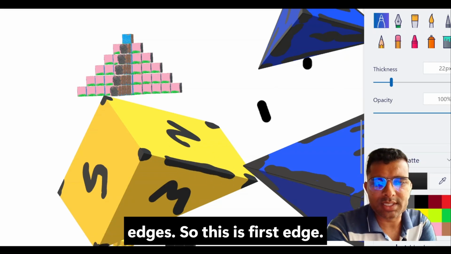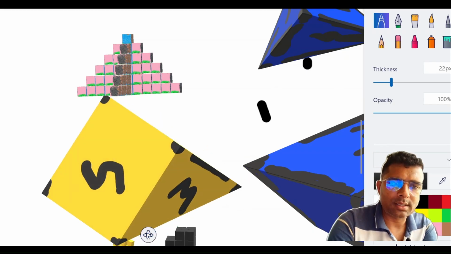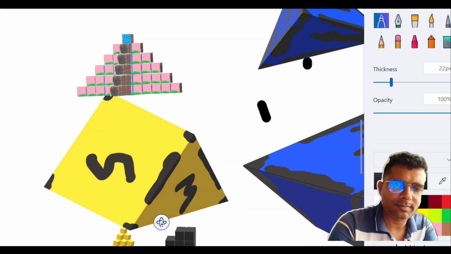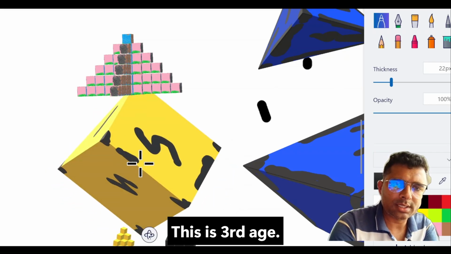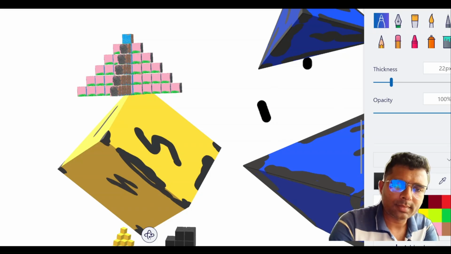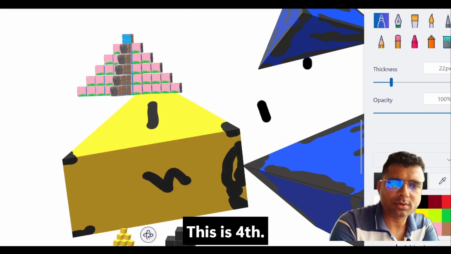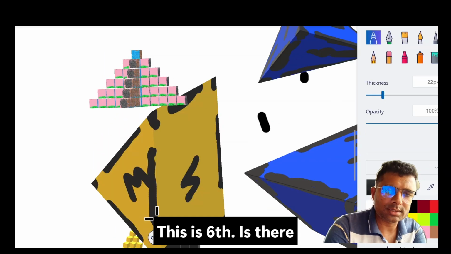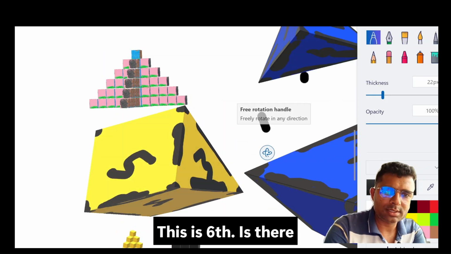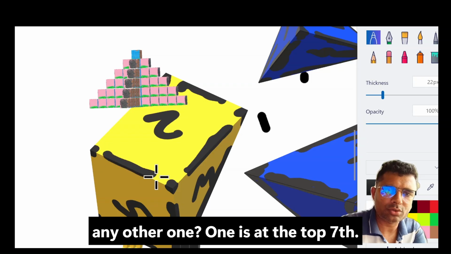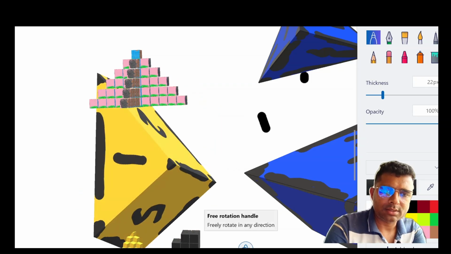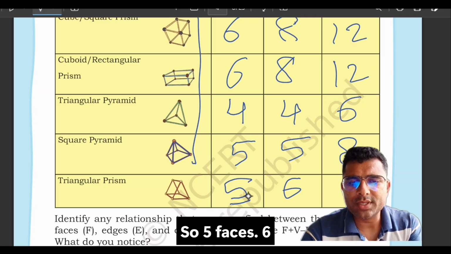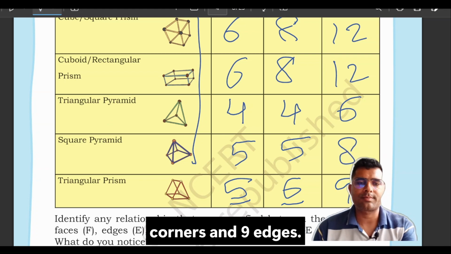This is first edge, second edge, third edge, fourth, fifth, sixth. Is there any other one? One is at the top, 7th, and this. So 5 faces, 6 corners, and 9 edges.